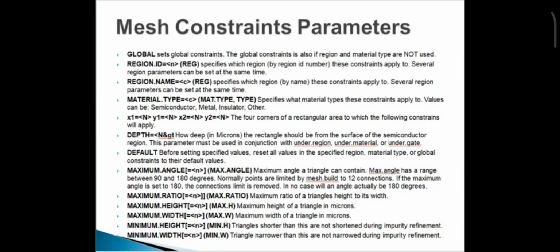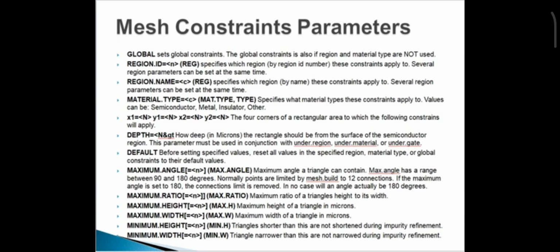Max.ratio: maximum ratio of a triangle's height to its width, height upon width. Max.height: maximum height of a triangle in microns. Max.width: maximum width of a triangle in microns. Min.height: triangles shorter than this are not shortened during impurity refinement. Min.width: triangles narrower than this are not narrowed during impurity refinement.